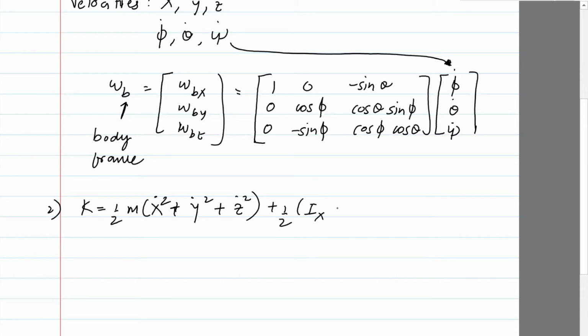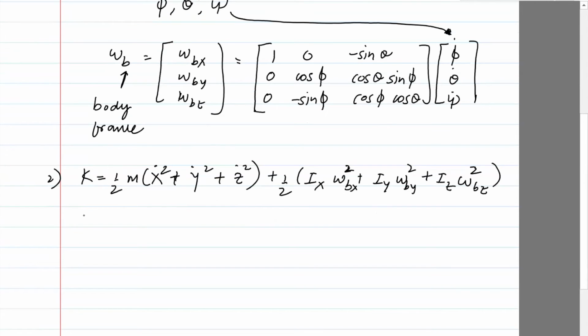When we say inertia here, I'm assuming it's along the principal axes, which are the x, y and z I showed in my earlier figure. That actually comes from your CAD. If you design this system in CAD, the inertia the CAD gives you is by default the inertia about the principal axes, and that's the one you want to use. So Ix omega bx squared plus Iy omega by squared plus Iz omega bz squared.